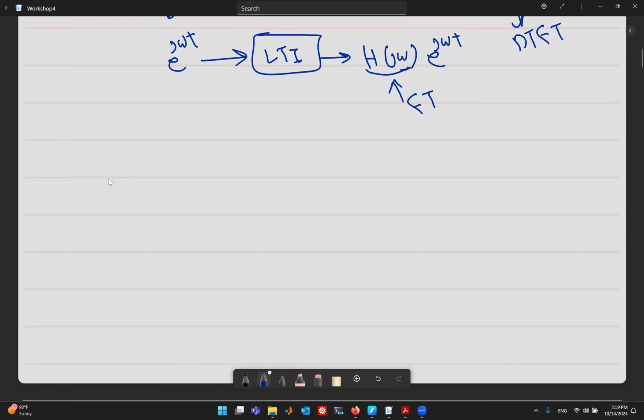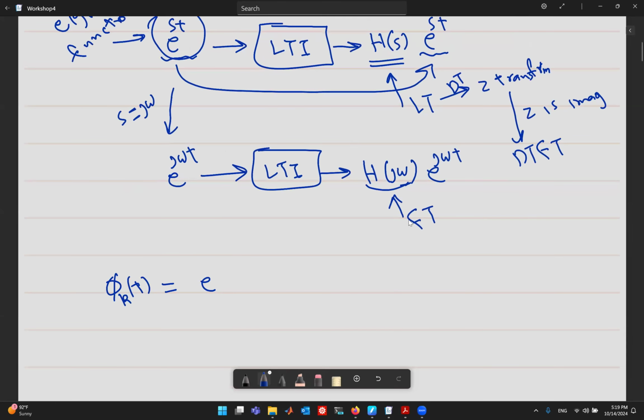So now we know that those functions will take the form of exponentials. In the case of the Fourier transform, which is our focus for now, not the Laplace transform, they'll take the form exponential j omega t.